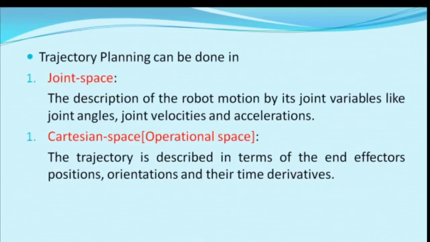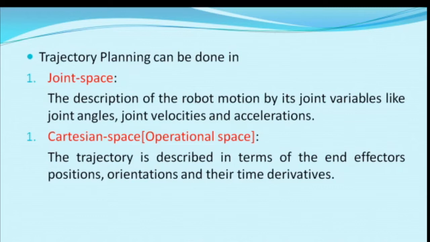Trajectory planning can be done in joint space or in Cartesian space, which is also known as operational space. In joint space, the description of motion is a function of joint variables like joint angle, joint velocities, and acceleration. So that's known as trajectory planning in joint space.